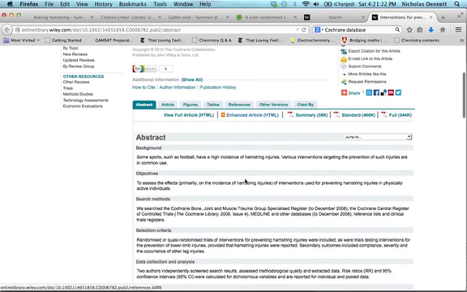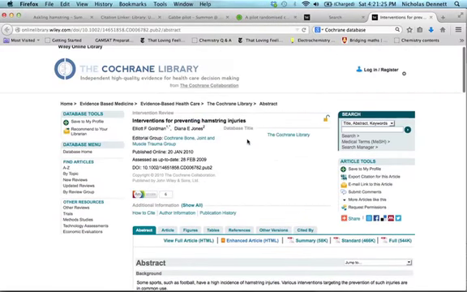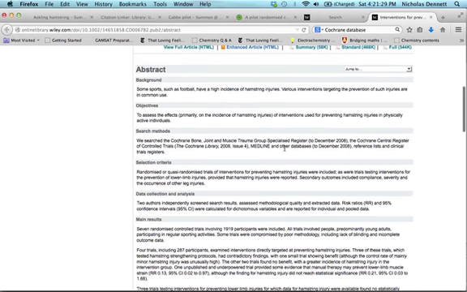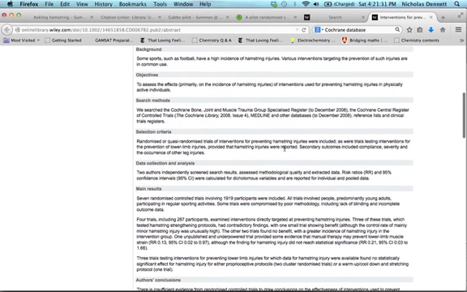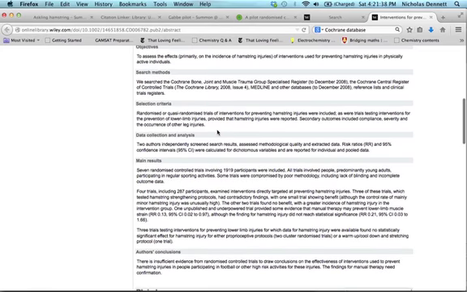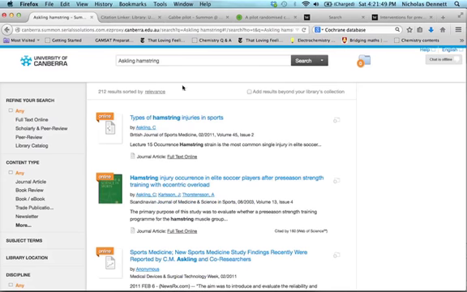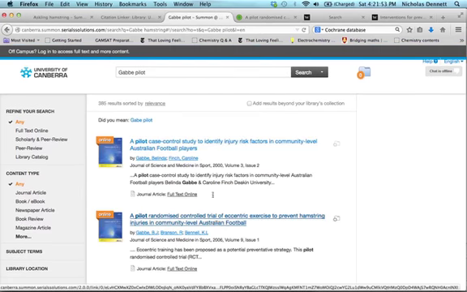That led me to this systematic review, which is a level 1 form of evidence according to the NHMRC evidence hierarchy protocols. Through this study, I found two that I thought were particularly interesting, and I found those through a search of the University of Canberra database. I found my first one there, and then my second one here.